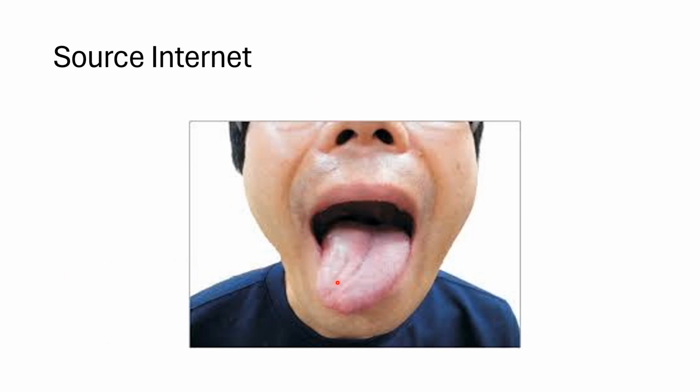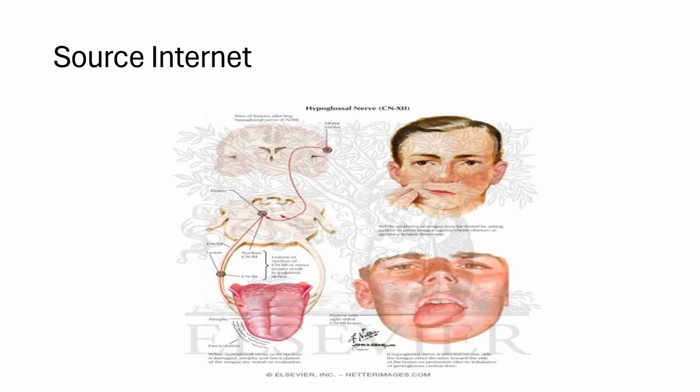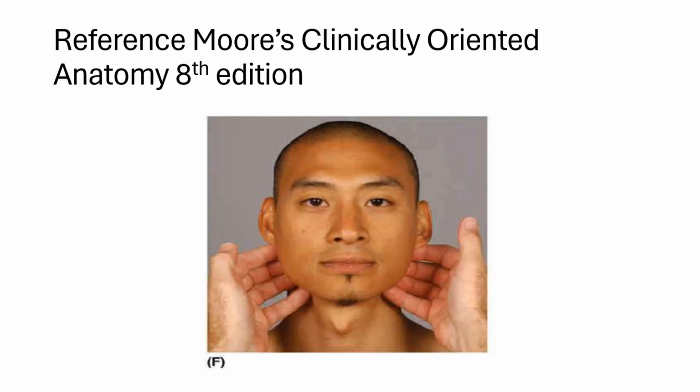If the tongue deviates towards the right, then the hypoglossal nerve is injured. Which side, you will tell me. Here you see the pathway of the hypoglossal nerve, already taught in the tongue and hypoglossal chapter, and this is the deviation towards the affected side.